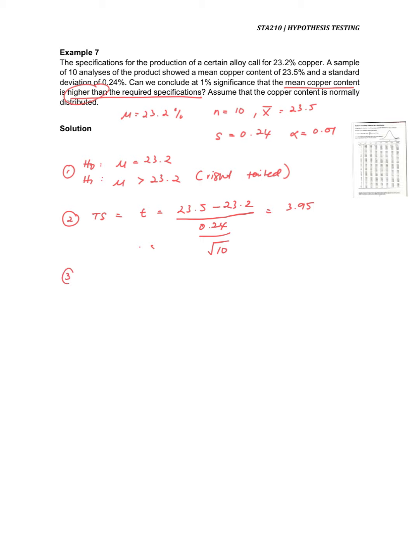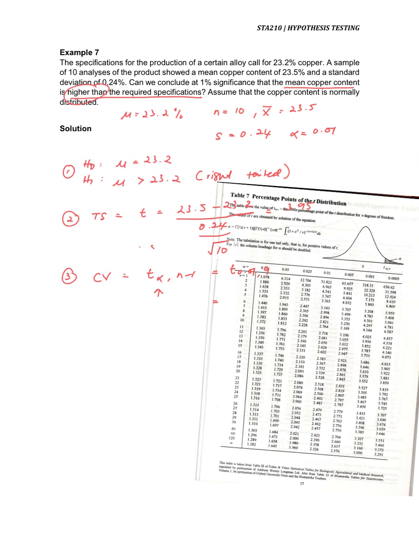Okay, step number 3. Calculate the critical value. So our critical value is right tail. So kalau tengok yang kat depan tadi, we can write as T alpha, n minus 1. Alpha, you don't have to divide by 2 since this one is right tail. So T 0.01, n minus 1 is 9. So we should refer table T. So table T is here.